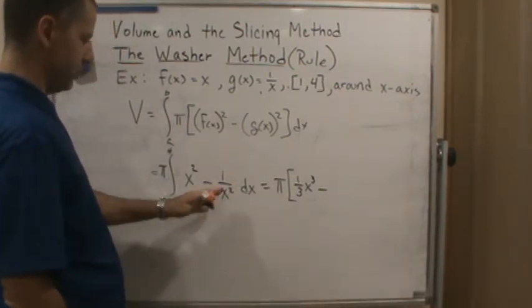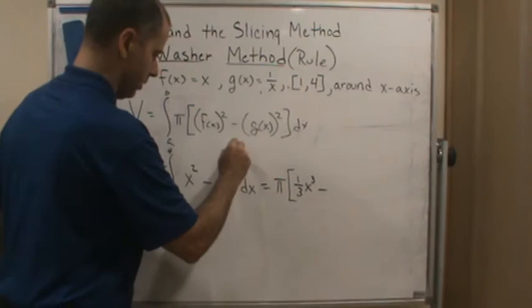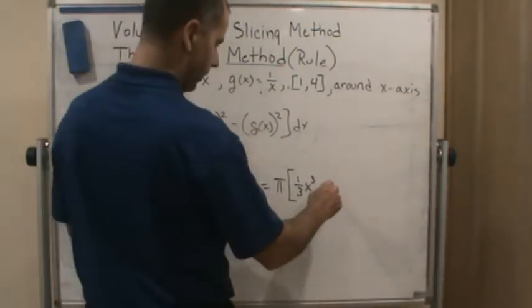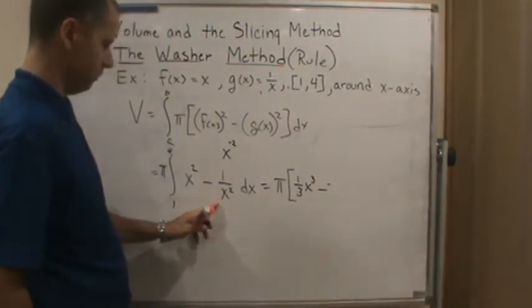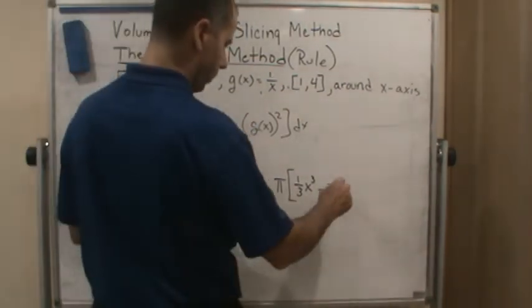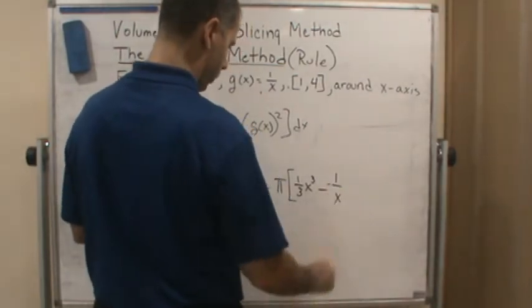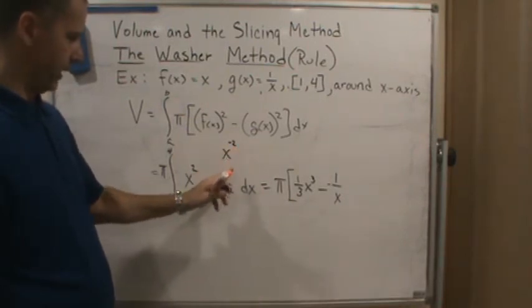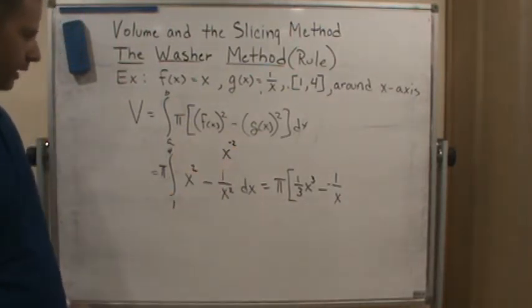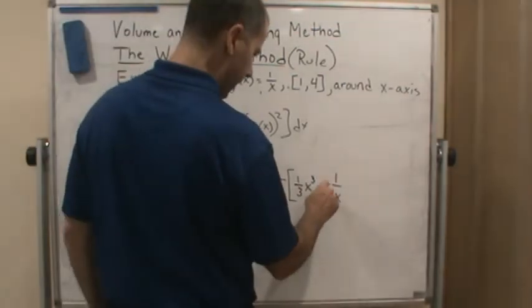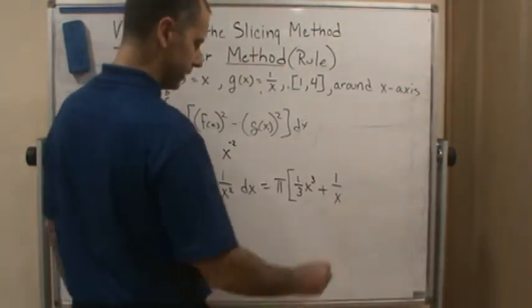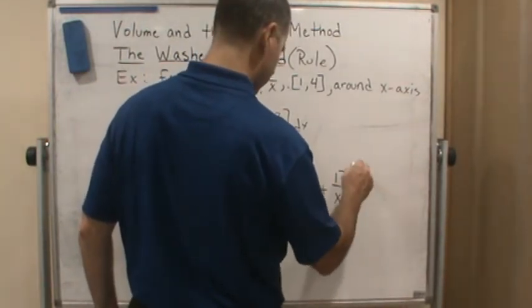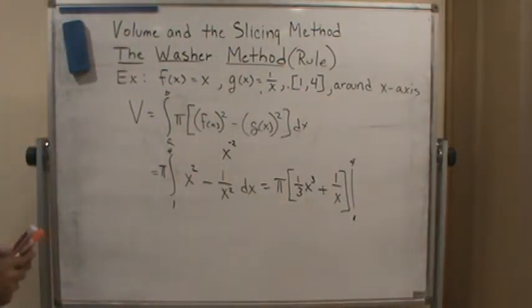Well, this is x to the negative 2, so this will become negative, negative what? 1 over x, because you increase the power by 1, which means this becomes negative 1, and then you divide by the new power, which is negative 1. So actually this becomes a plus 1 over x. And this is evaluated from 1 to 4.